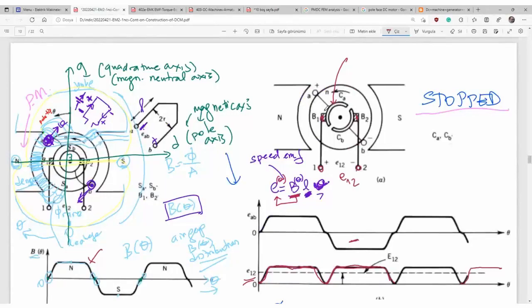First, the brush B1 is connected to coil side A via the brush and commutator segment mechanism. Here it is connected to here.